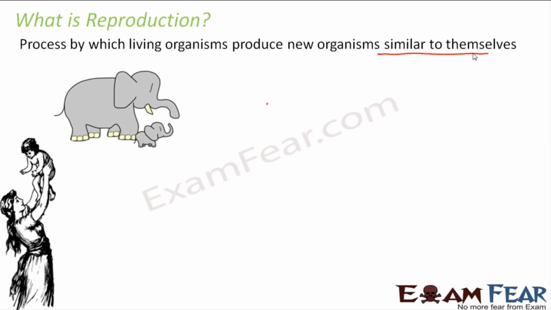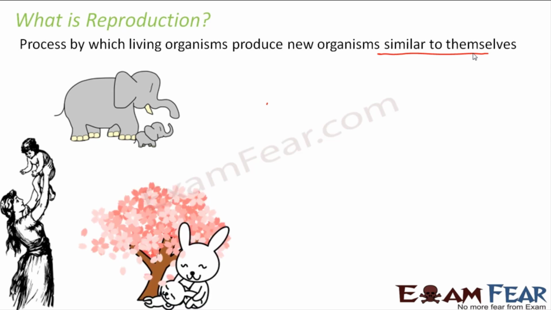Some of us look exactly like our father, some look very similar to our mom, and some look very different from both of them. But in most cases, there are some similarities with the parents. Now, how much is the similarity and how much is the difference depends on many different things, which we will talk about as we go ahead with the lesson.